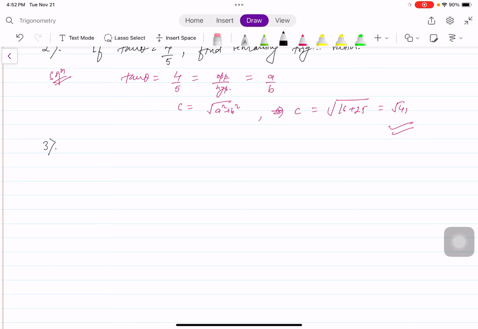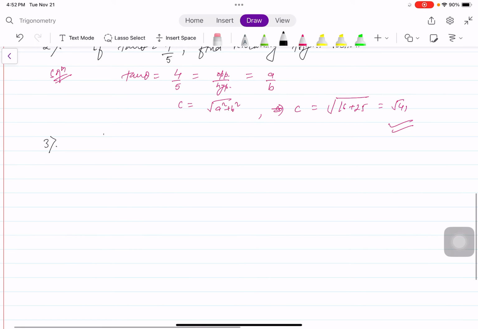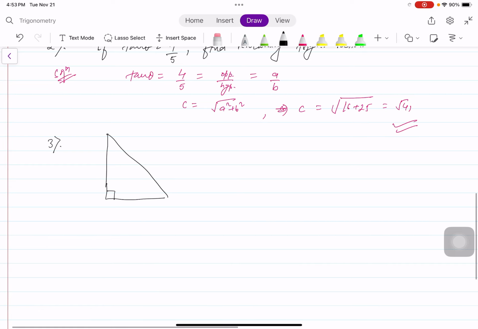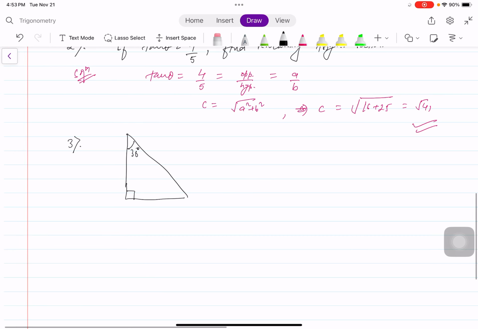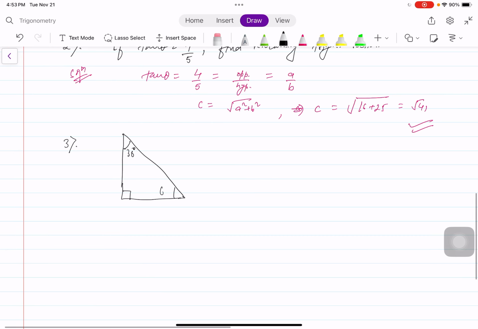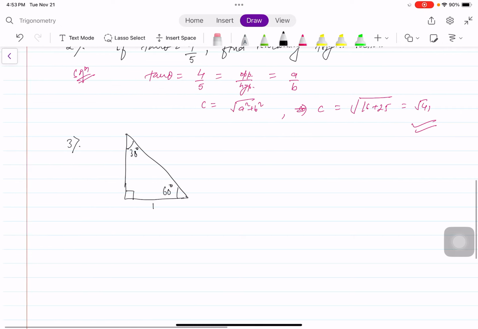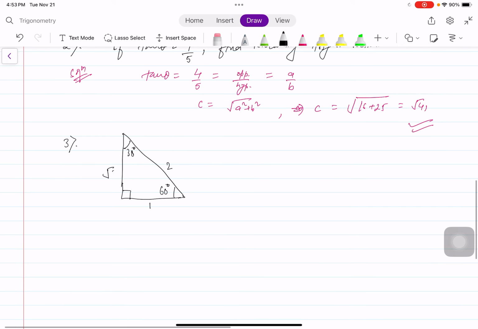Let's say we have this triangle. This is 90 degree, and say this is 30 degree. This is 60 degree. Say this is length 1, this is 2, and this is square root 3.